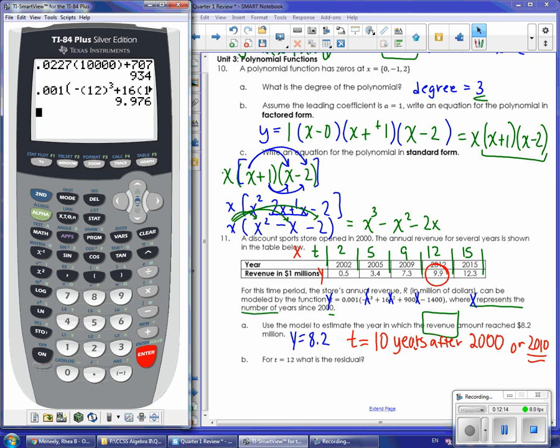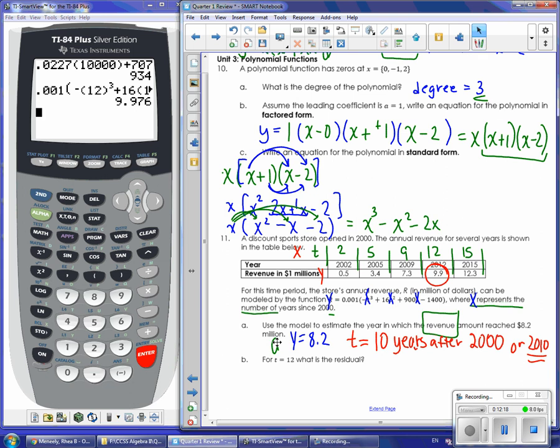So the actual value, a residual, remember, is... okay, so the residual is the actual minus the predicted. And we already said in the table, the actual value is 9.9.